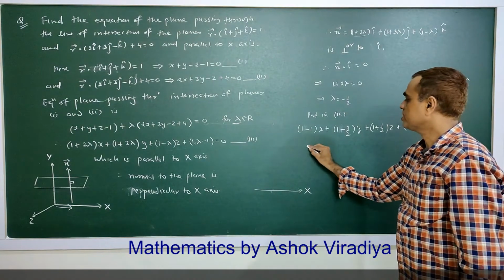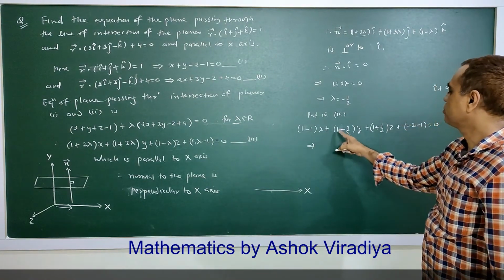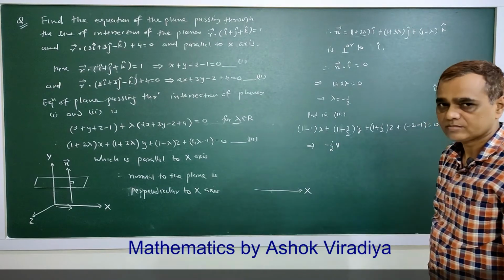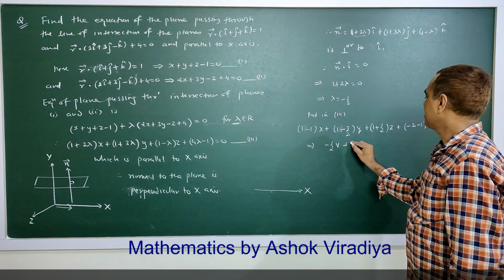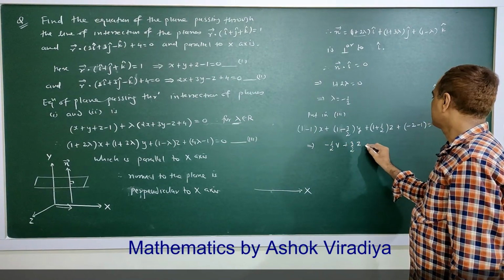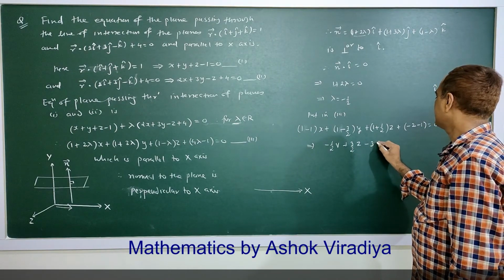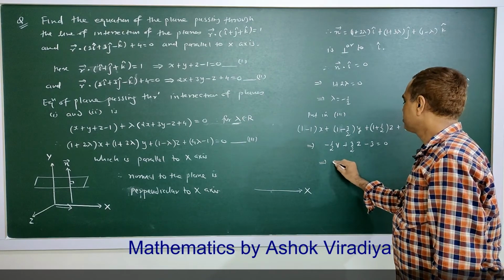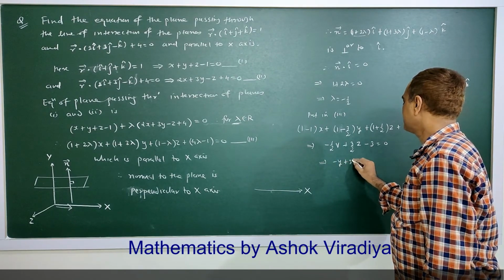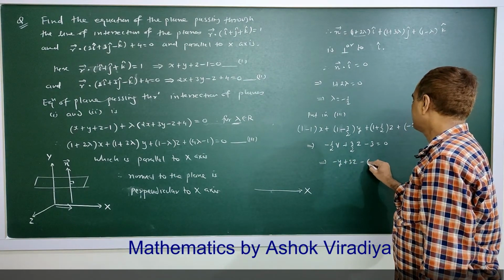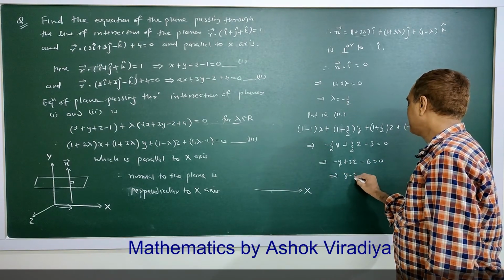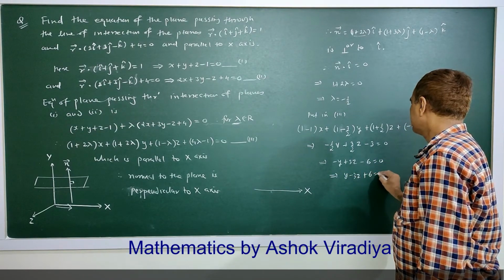So the equation is free from x. This will be -1/2 y plus 3/2 z minus 3 equal to 0. Multiplying by 2, it is -y + 3z - 6 = 0. Now changing sign, y - 3z + 6 = 0.